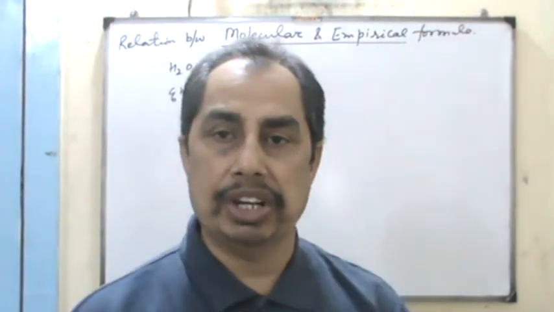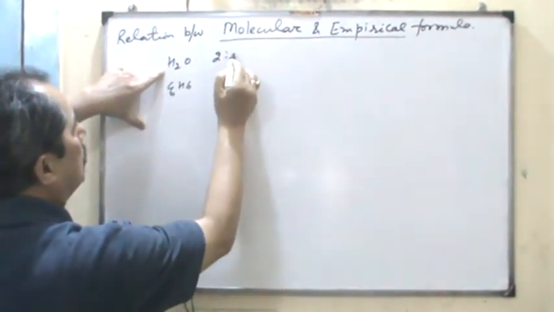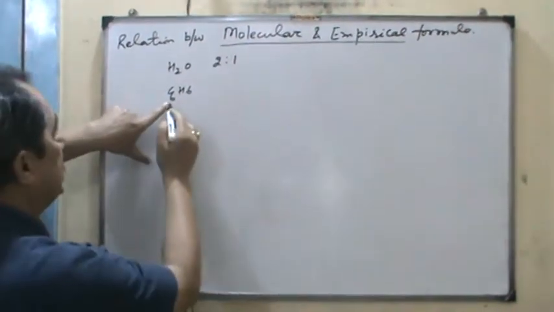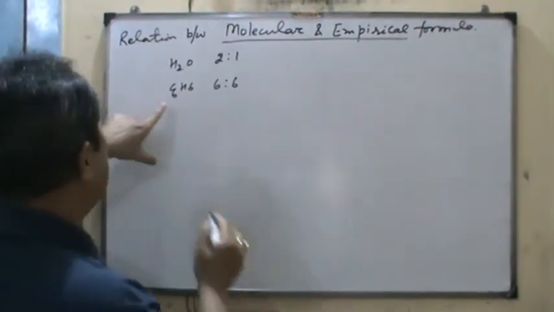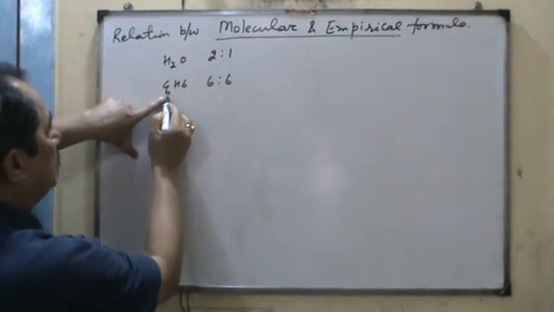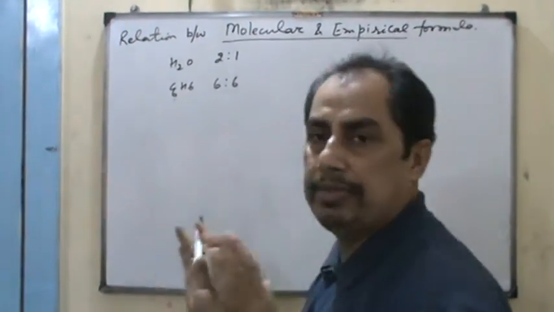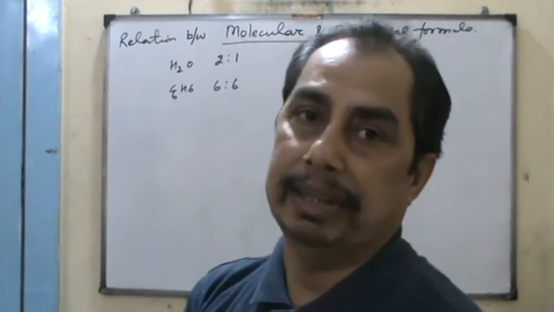What is the actual ratio? Hydrogen is how many times here? 2:1. Oxygen is 1. Similarly here, in case of benzene, 6:6. Actual ratio of the atoms. Carbon 6 times and hydrogen 6 times. Therefore, molecular formula is very simple.